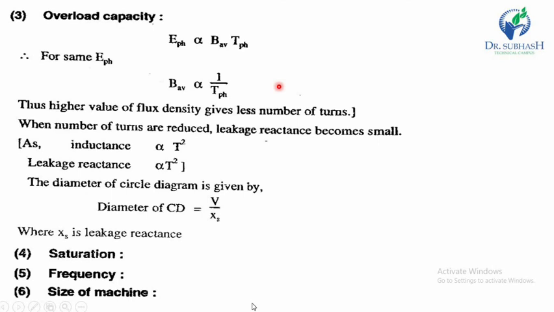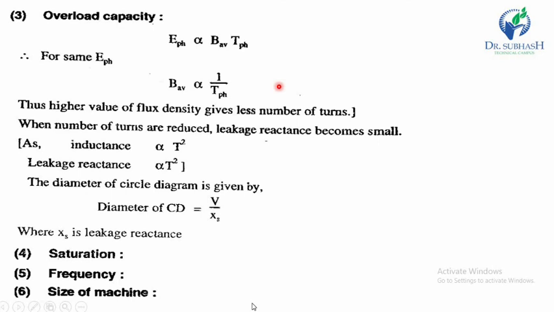And for a special machine, like cranes and rolling mills, where larger overload capacity is required, we choose Bav equal to 0.6 Weber per meter square to 0.65 Weber per meter square. Bav may be required to be reduced to a lower value for special service applications, and for machines with totally enclosed construction and high ambient temperature.